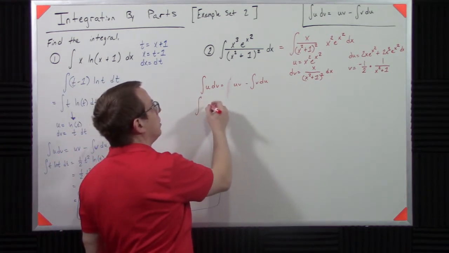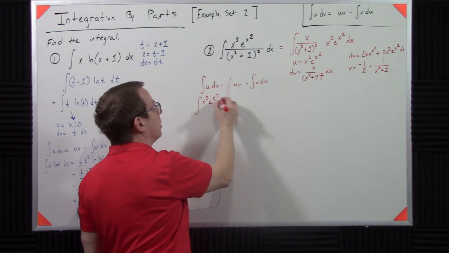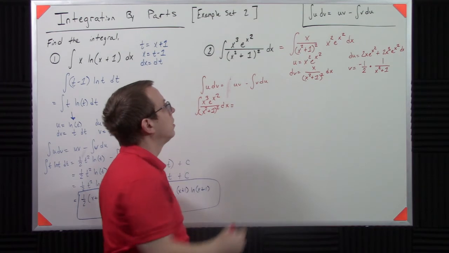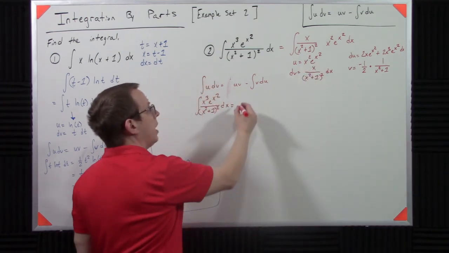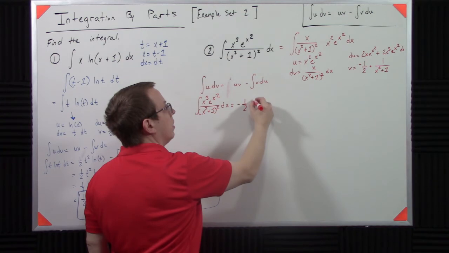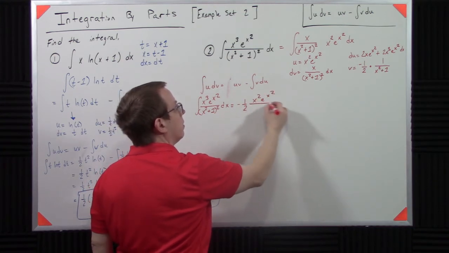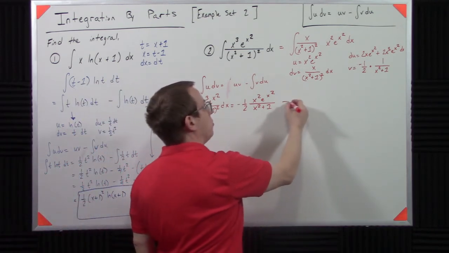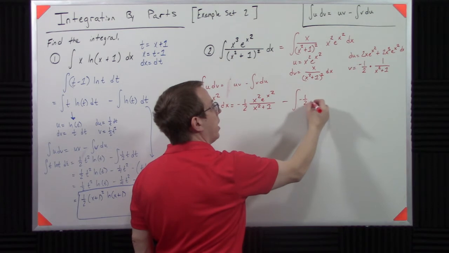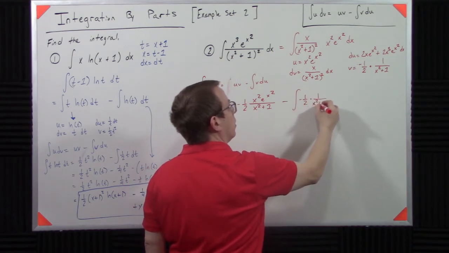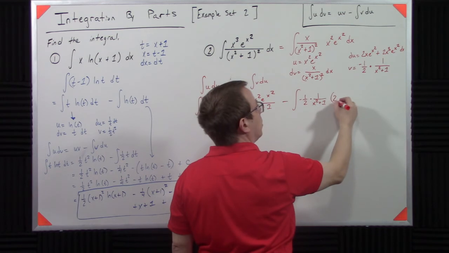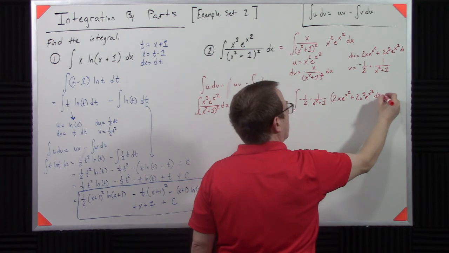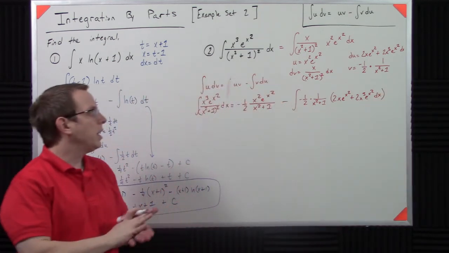So I get uv, so negative 1/2 squared e to the x squared minus v du, so minus negative 1/2 du. So you get kind of that monster there.